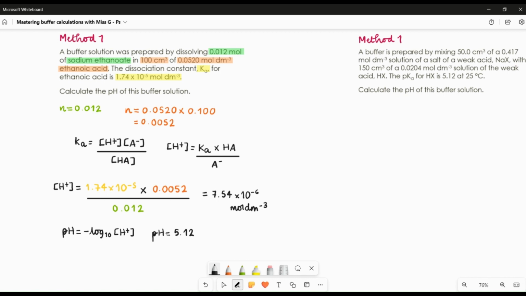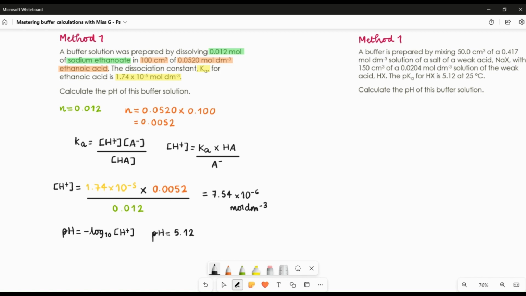I don't think that is massively difficult, and of course remember this is part 1 in the 2-part series, so that would be part A of your question to work out the pH of the buffer, and then in the second part of the question it would say something along the lines of, we're now going to add a small amount of acid to this buffer, or we're now going to add a small amount of alkali to this buffer, calculate the new pH.